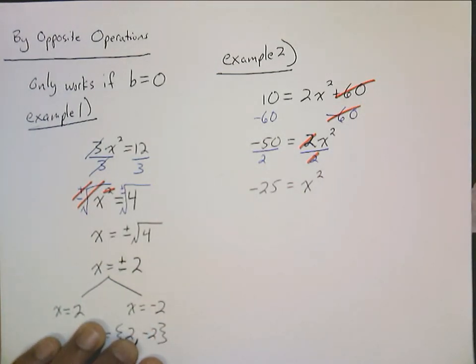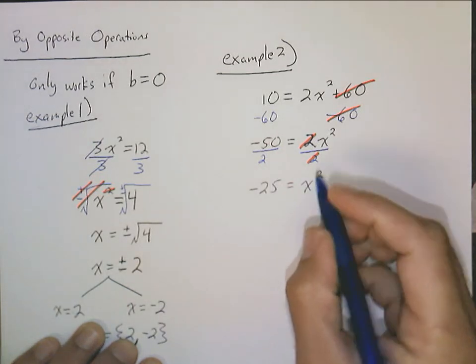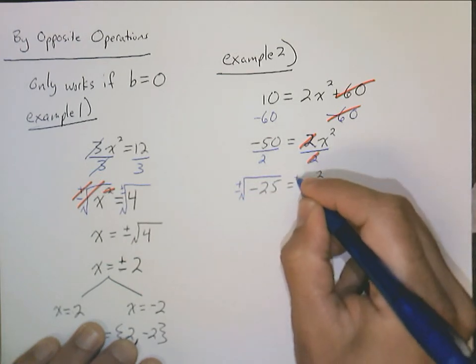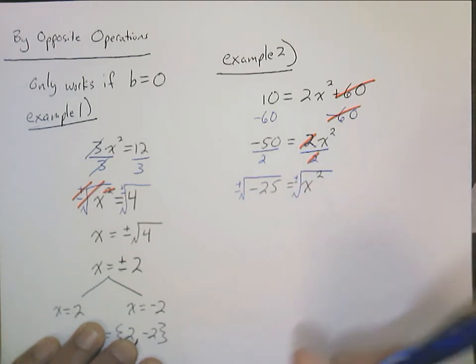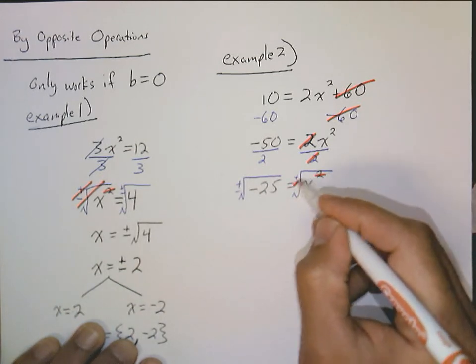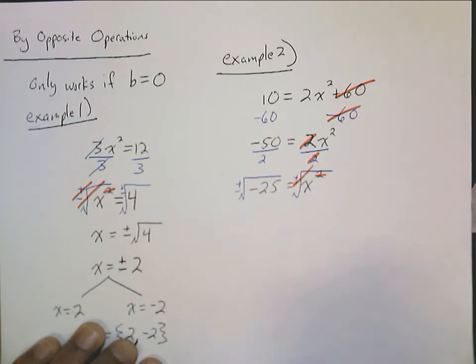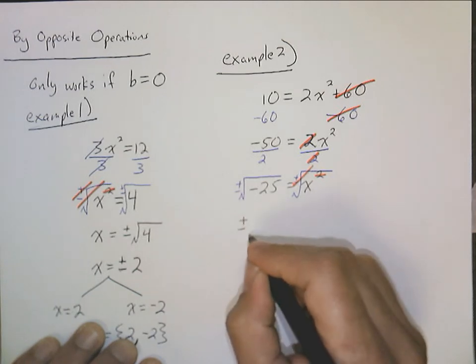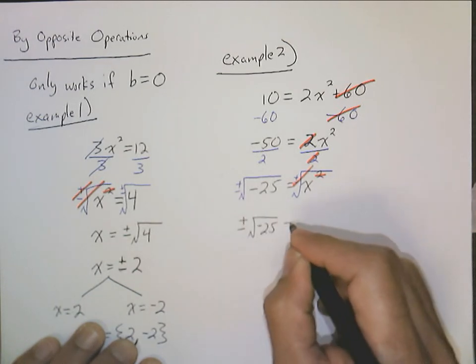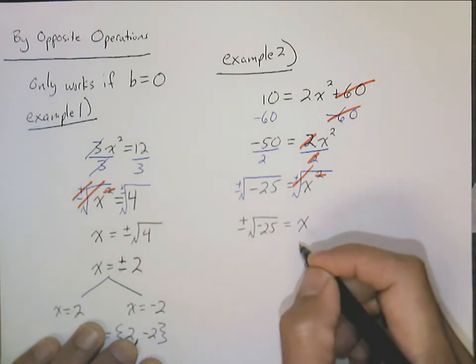So we have negative 25 is equal to x squared. So we're going to undo this squaring by applying plus or minus the square root to both sides here, because that is how we're going to undo the squaring. And so we're left with plus or minus the square root of negative 25 is equal to x.